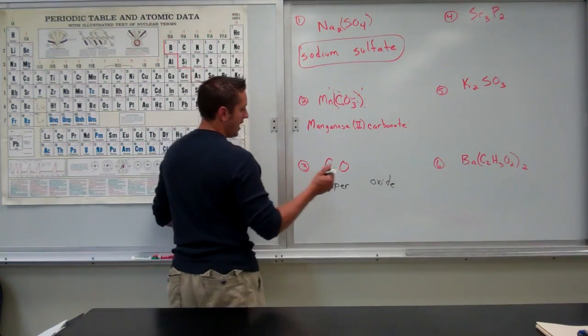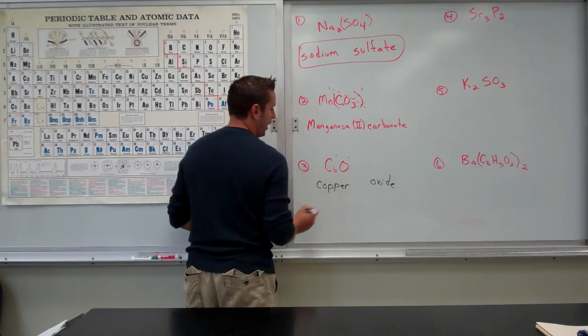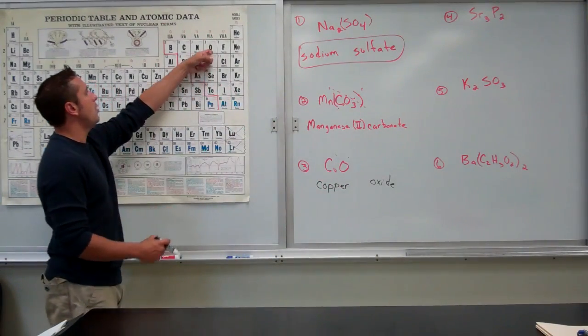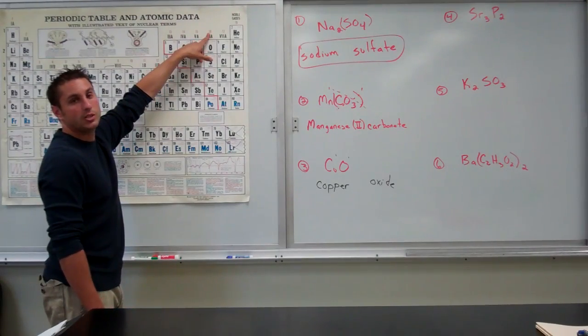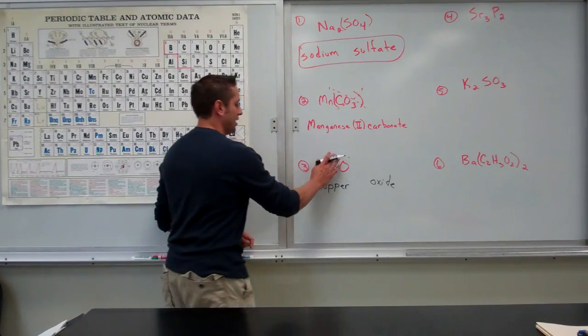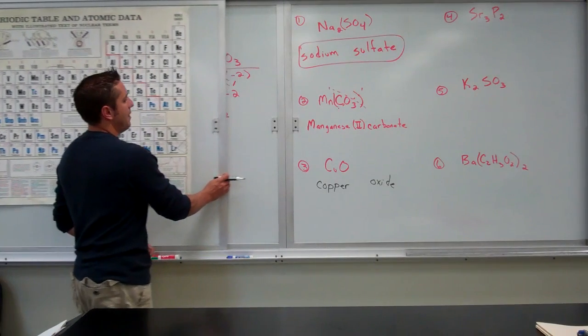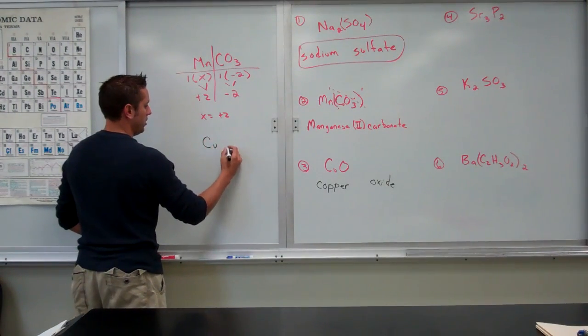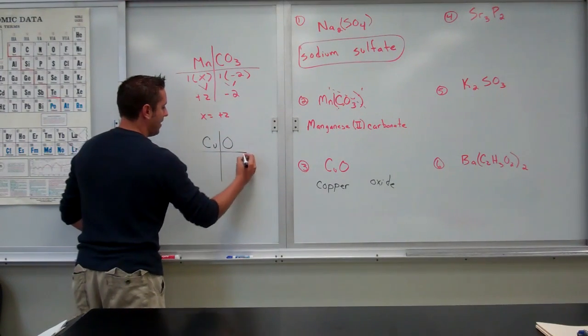First thing we do is try uncrossing, which would put a 1 on top of each. And then we say, is O supposed to be a 1? And the answer is no. O is supposed to be a 2, so uncrossing is not going to work. So that means we'll have to make a table. So CuO, break it in half.